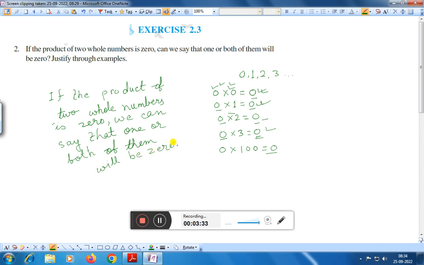This is the solution of question number 2.